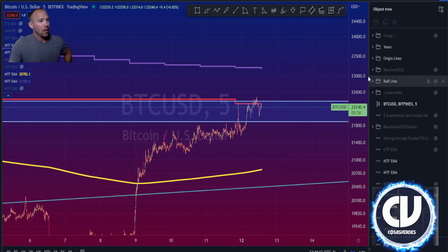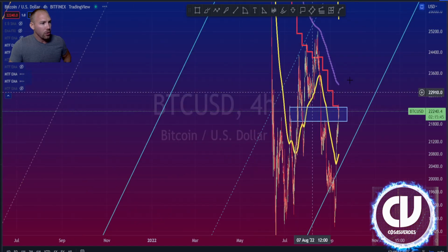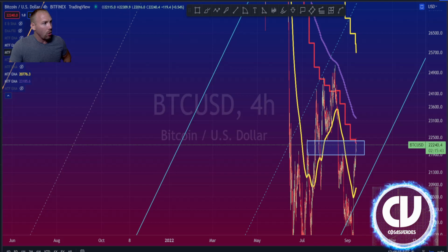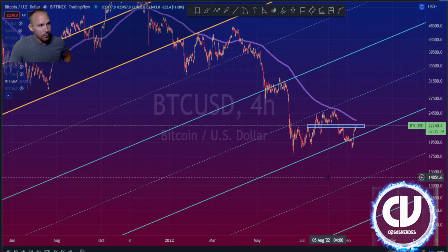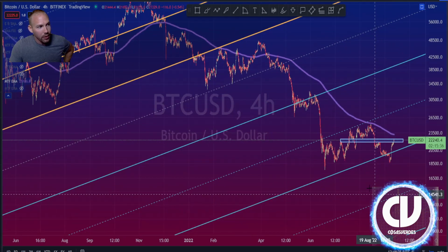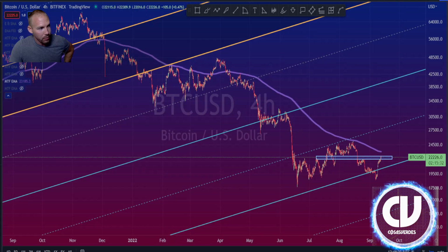There we go. Let's go to the 4-hour chart, and I'll only leave on the daily 89 EMA, which is purple. On Bitcoin, the daily 89 EMA is a very, very, very common rejection point.